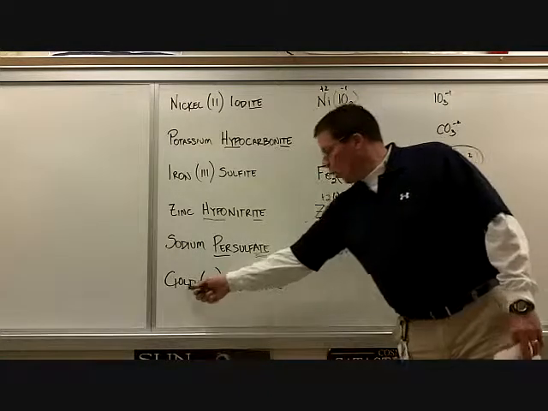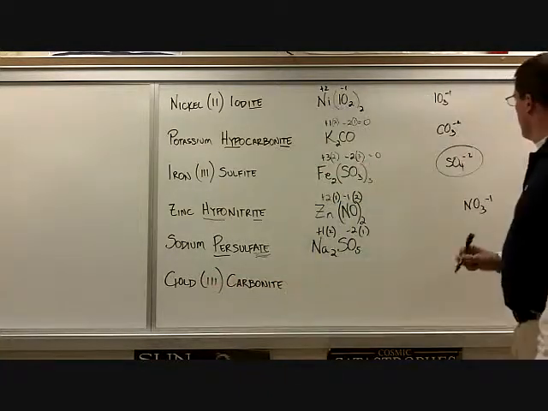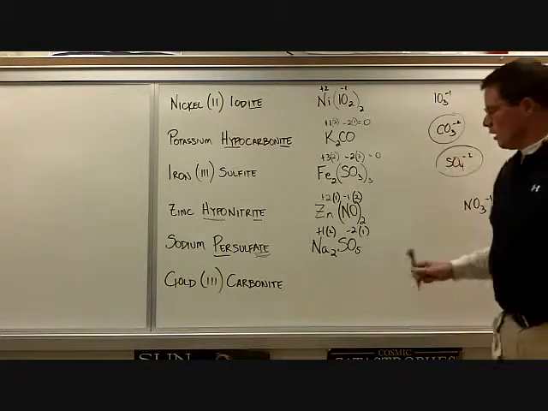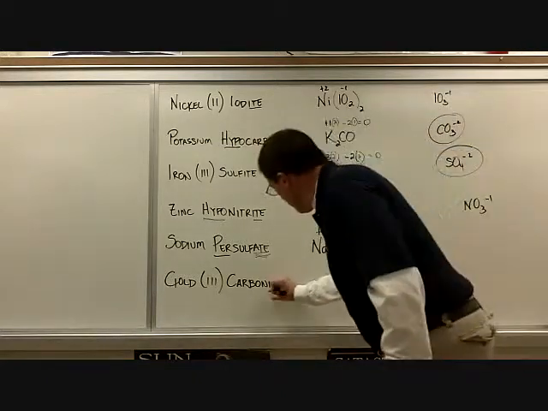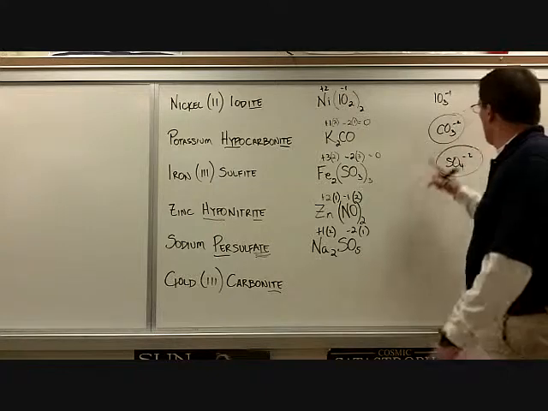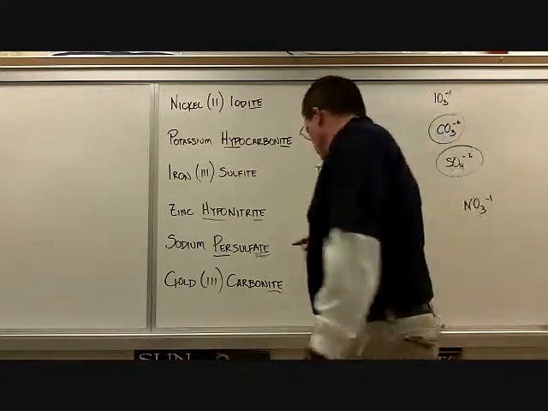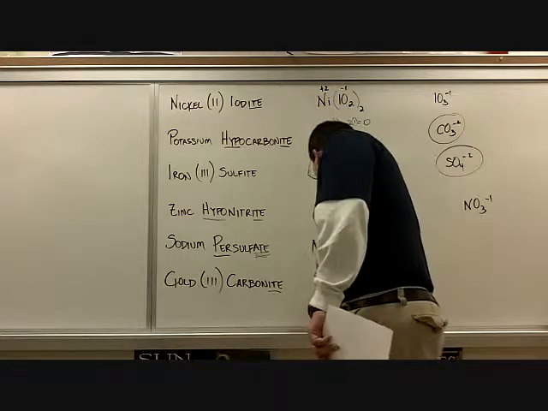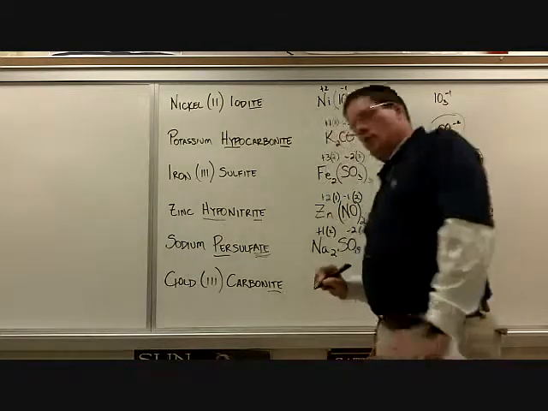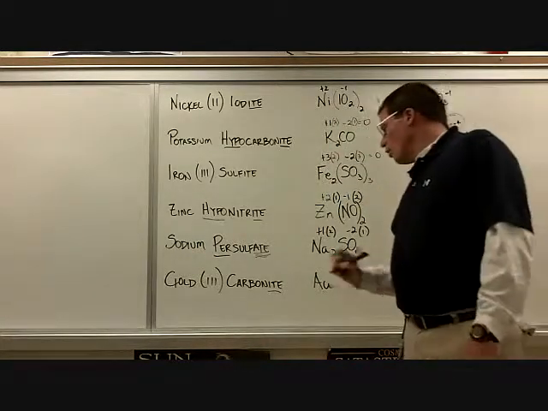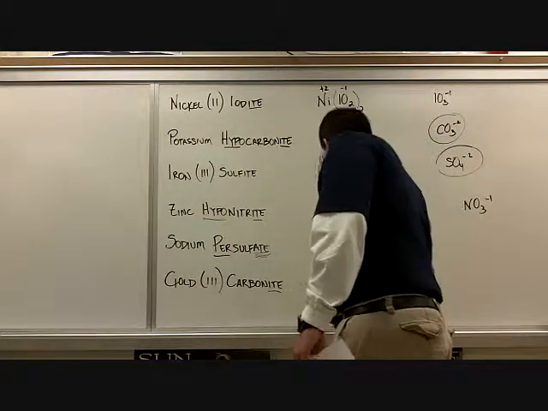Okay, there's our formula for sodium persulfate. And then gold 3 carbonite. Well, we have carbonate up here. If it ends in just ite, that means we're taking 1 oxygen away. So 1 oxygen from the carbonate. But let's write gold down first. And what's the symbol for gold? That's right, Au. No G in gold. So gold has a +3 charge.